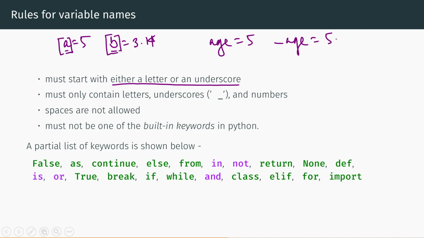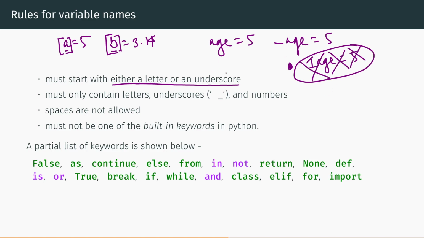What you cannot do is start the name with a number. You cannot say, for example, 1age equals 5. That is invalid.